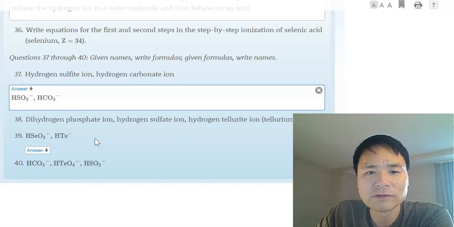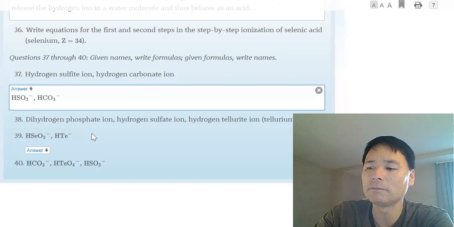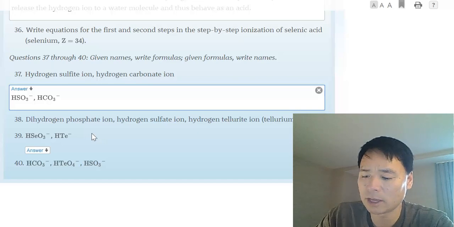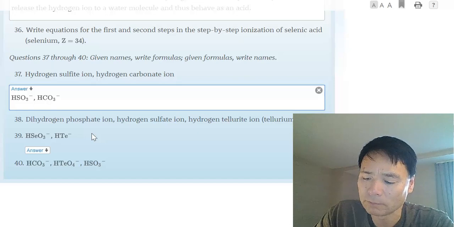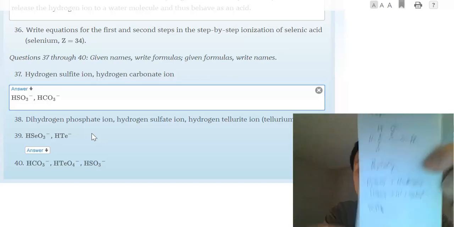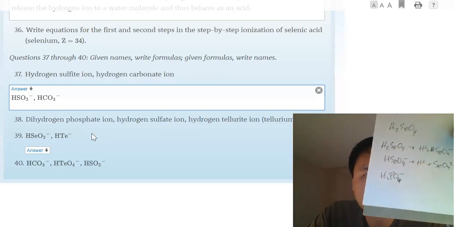Dihydrogen phosphate ion. Okay, dihydrogen phosphate. Phosphate, as we saw, I think in class, is a 3 minus. So we could actually put more than 1 hydrogen and still have a negative charge. And so that would be H2PO4 minus, dihydrogen phosphate.